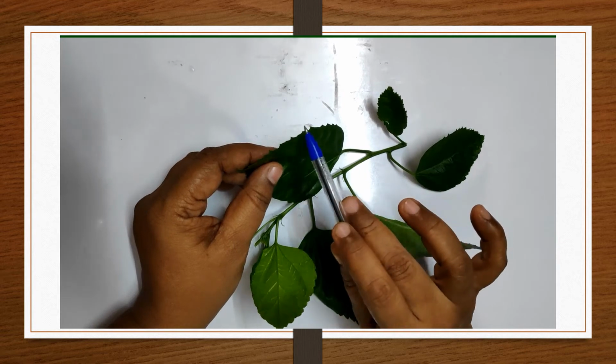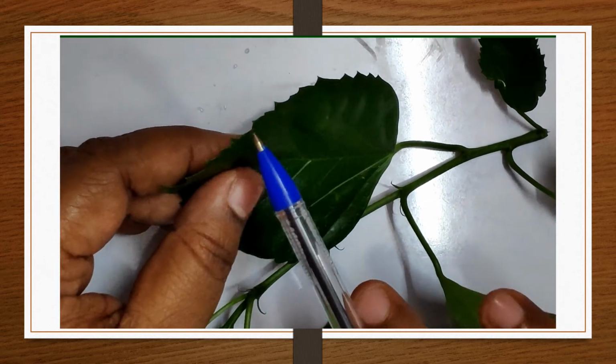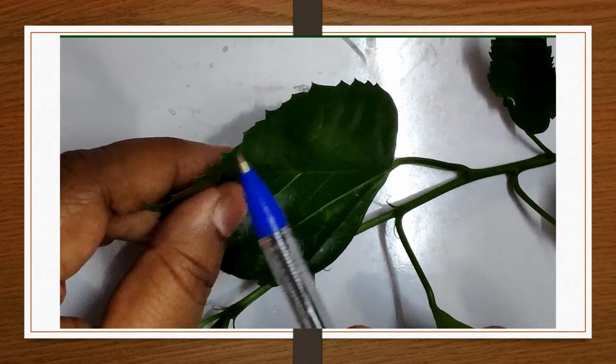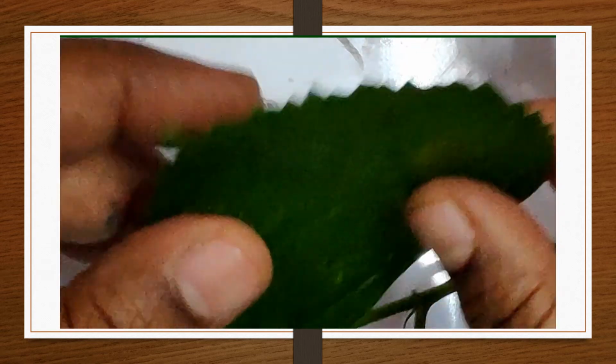This is a leaf edge. It is thorn like. So such an edge is called dentate. So this leaf margin is dentate because we can see the cut portion, thorn-like portions at the margin.